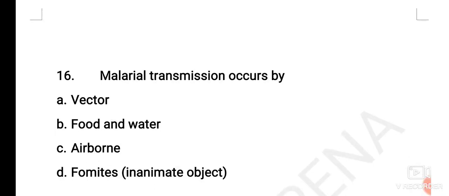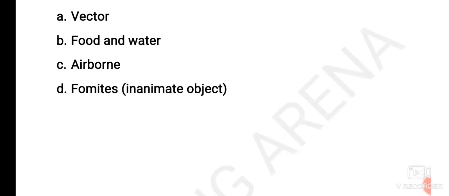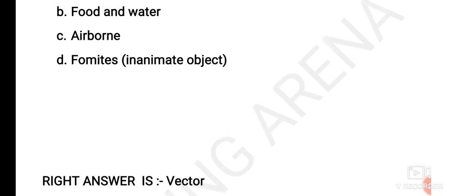Malaria transmission occurs by vector, food and water, airborne, or fomites, that is inanimate object. So, the correct answer is malaria transmission occurs by vector.